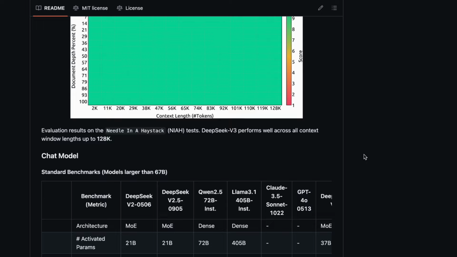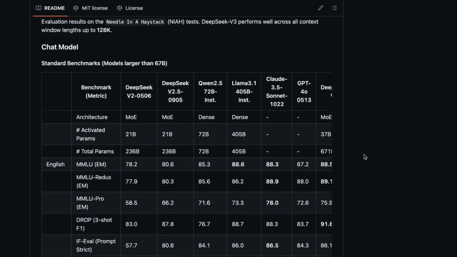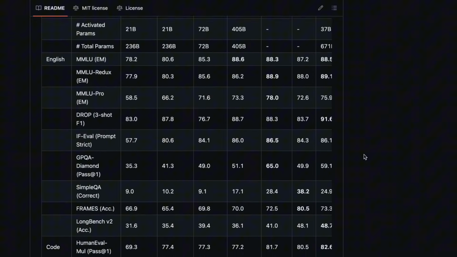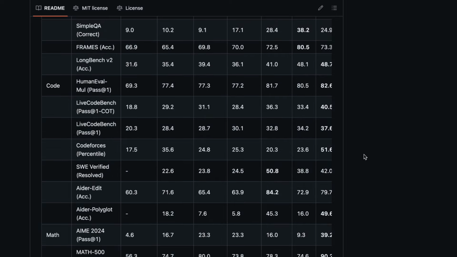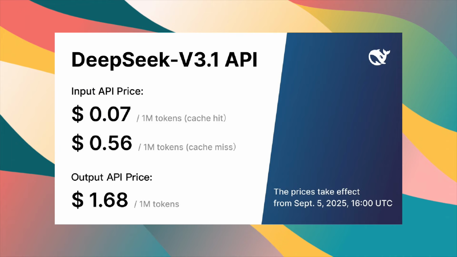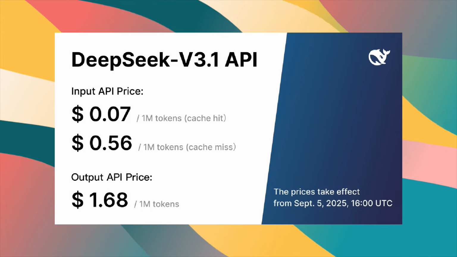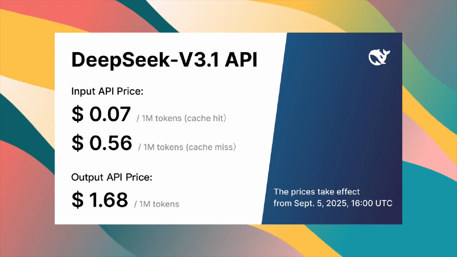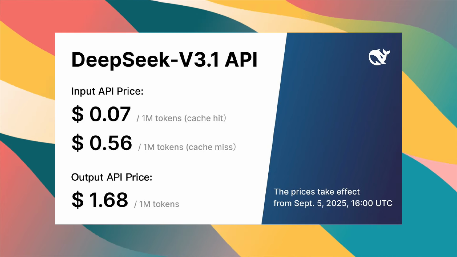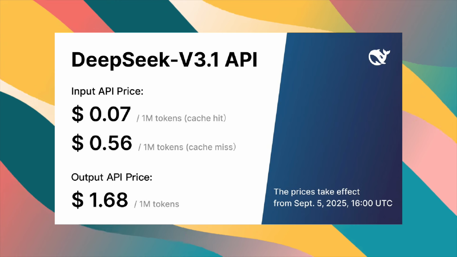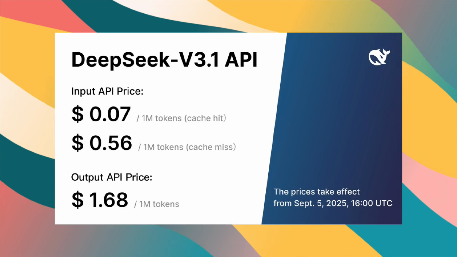Now let's talk about what's probably the most exciting part for many of us, the cost and accessibility. This new DeepSeek model is shockingly affordable. The pricing is super competitive, with input API cost at 7 cents for 1 million input tokens with a cache hit and 56 cents for 1 million tokens with a cache miss.